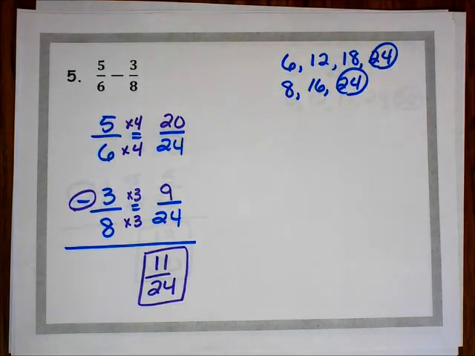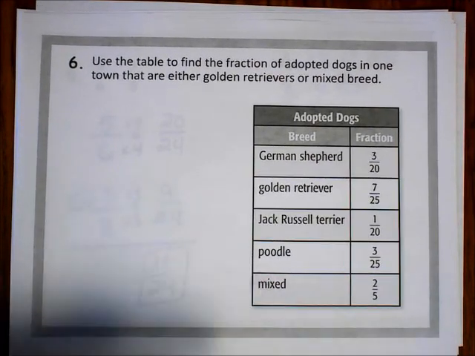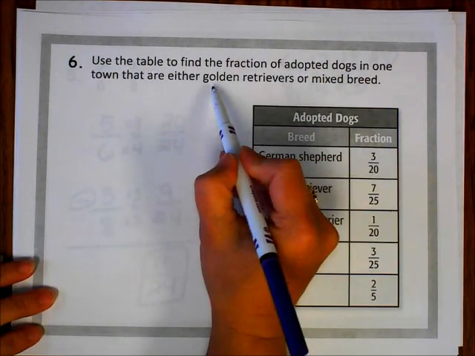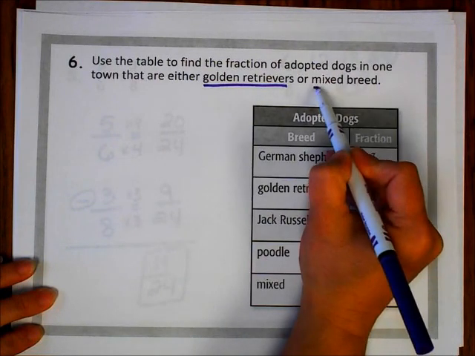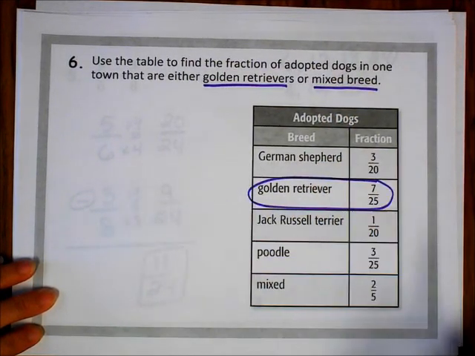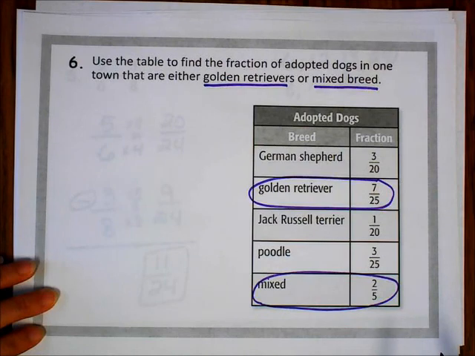Let's try a word problem this time. Number 6 says use the table to find the fraction of adopted dogs in one town that are either golden retrievers or mixed breeds. So I need golden retrievers and mixed breeds. So 7/25 of the dogs were golden retrievers, and 2/5 of the dogs were mixed breeds.